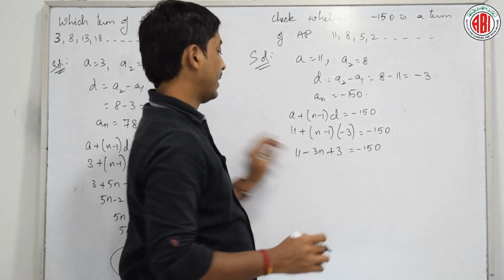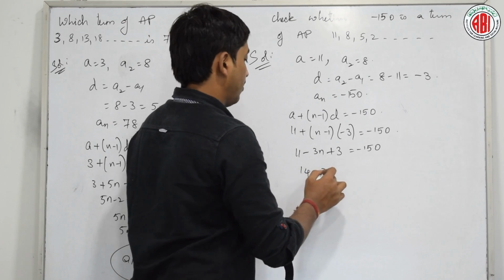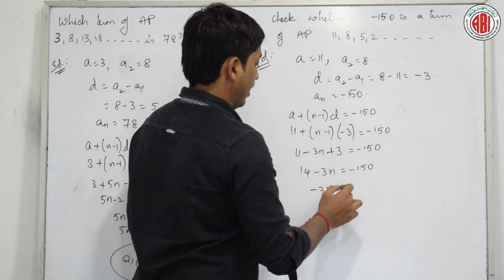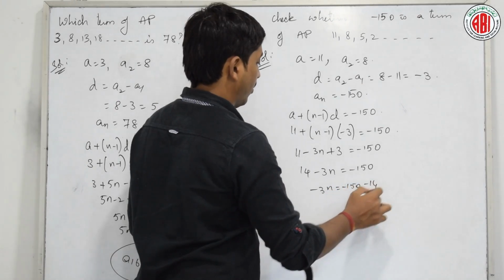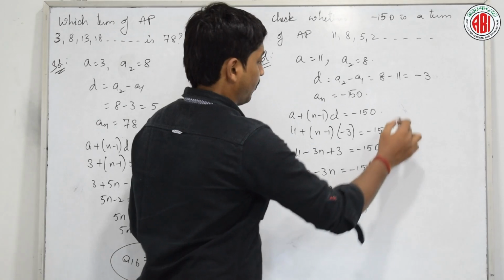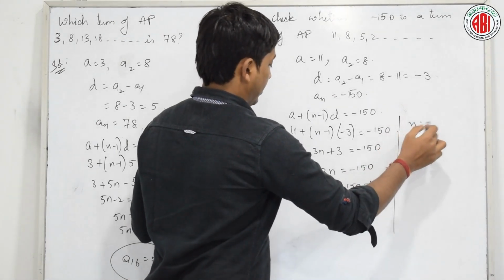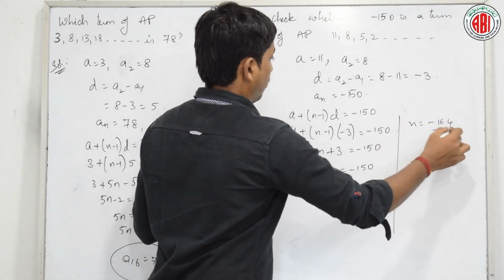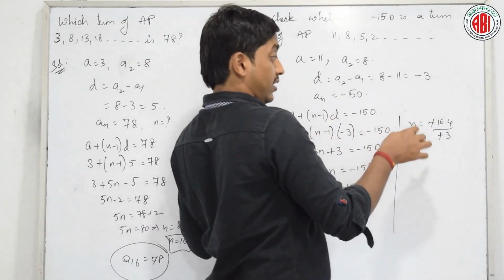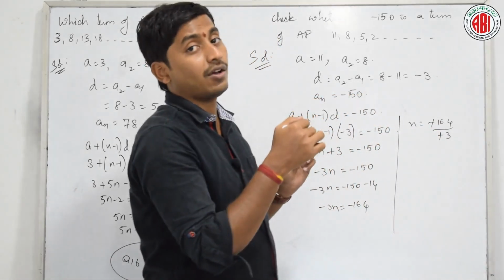Here 11 plus 3 is 14 minus 3n is equal to minus 150. Minus 3n is minus 150 minus 14, that is minus 164. From this n is equal to minus 164 by minus 3. Minus minus cancel.